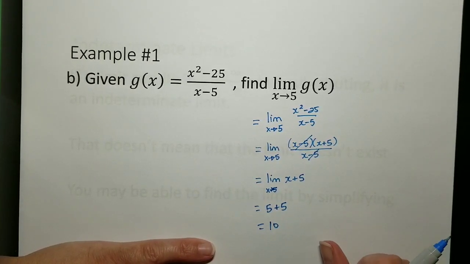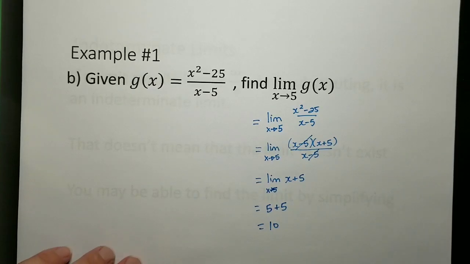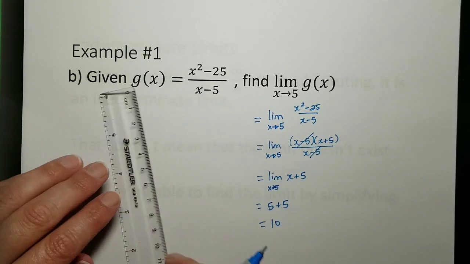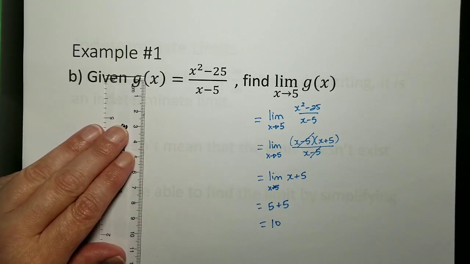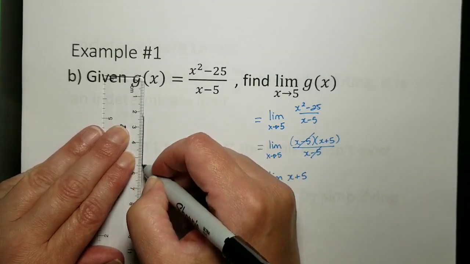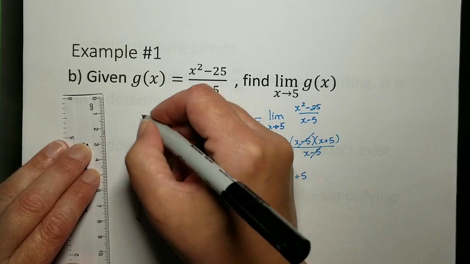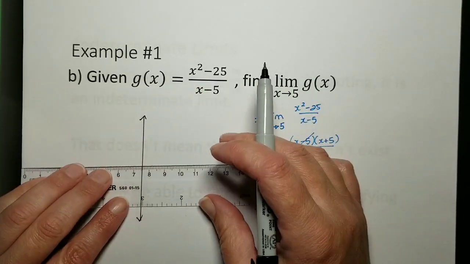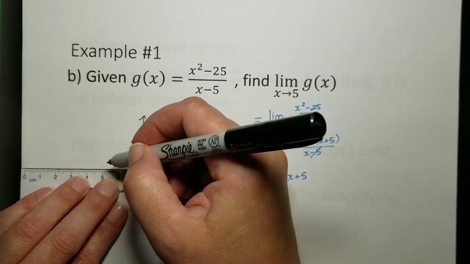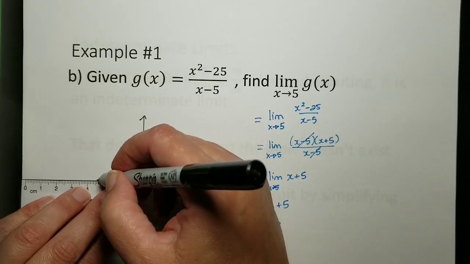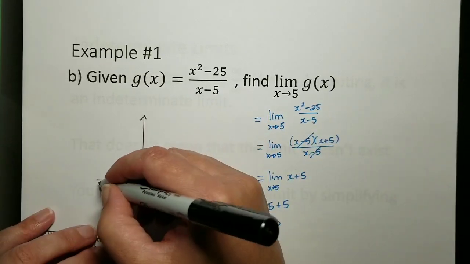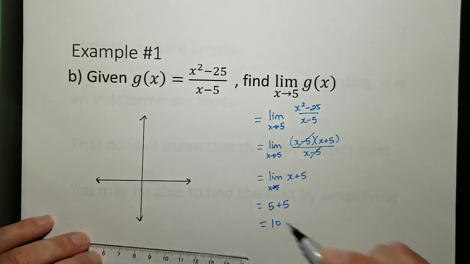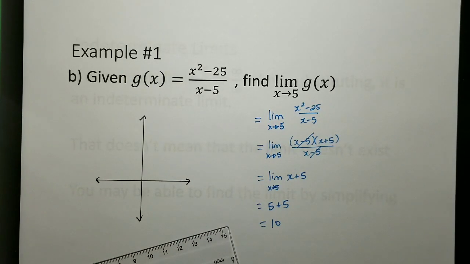So what that means is that if we graph this, and I don't think I have the graph of this on the next page, if I graph this, this actually ends up being a linear function because I can reduce that with a hole or a restriction at x equals 5. So this is the graph of that function.